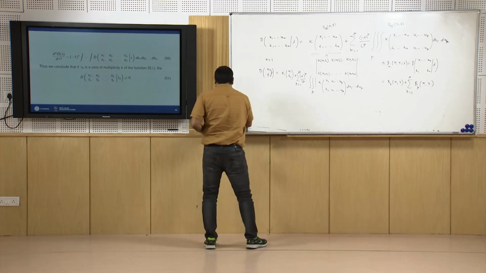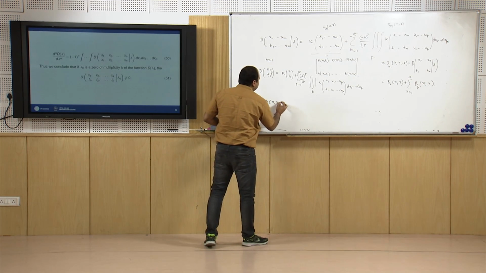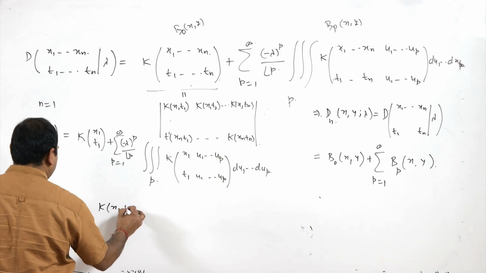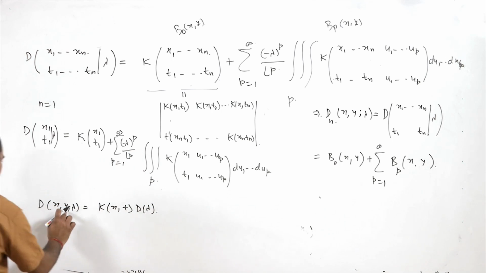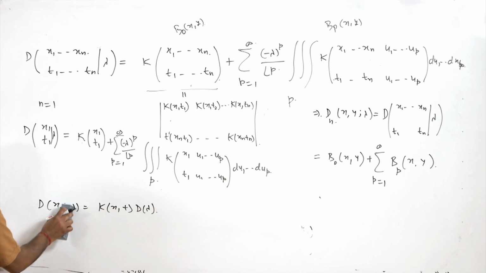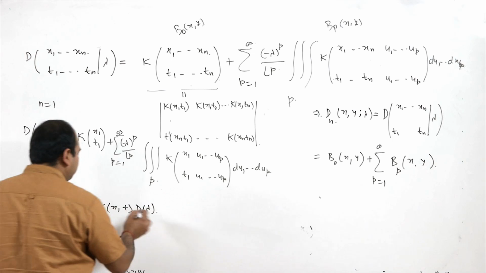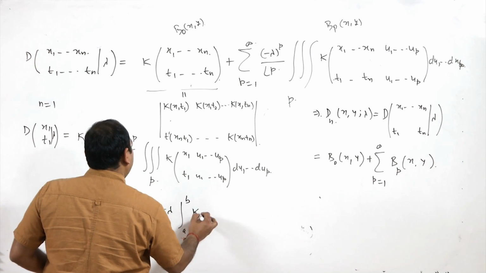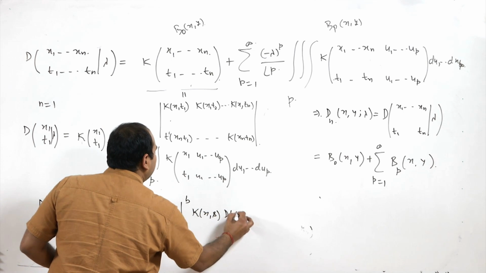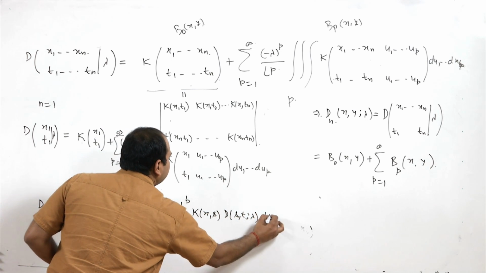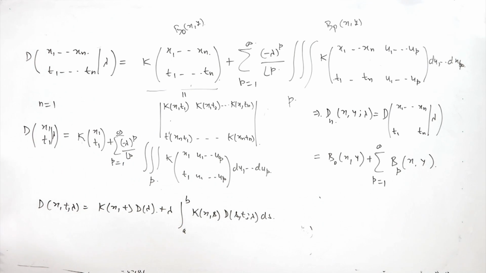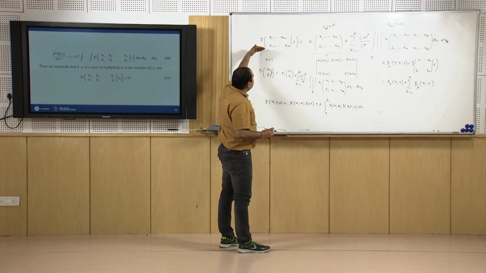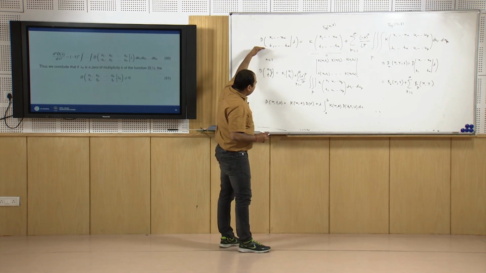We know that D x t lambda is equal to K x t D lambda, I think I have to write t here, that D x t lambda is equal to K x t plus D lambda plus lambda integral from a to b of K of x s D of s t lambda ds. So we already know that this Fredholm minor satisfies this relation. We want to know whether the generalization, that is the nth Fredholm minor, will also satisfy a similar kind of equation.